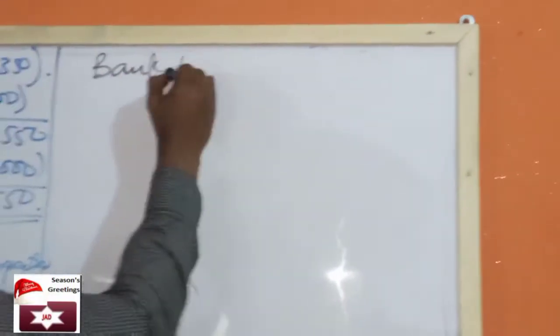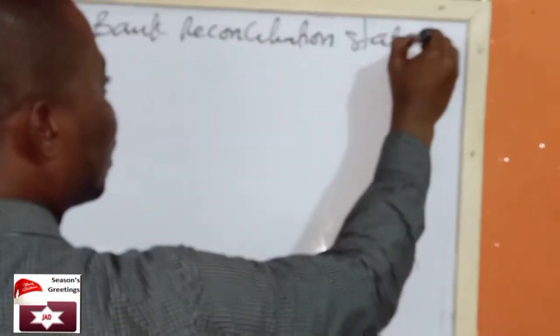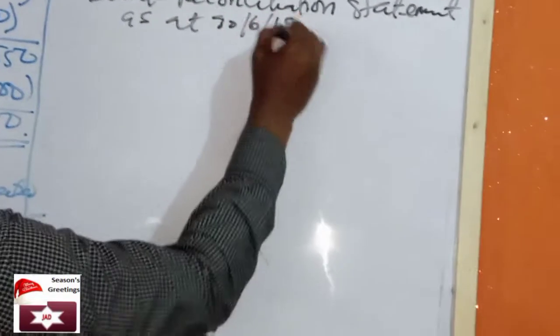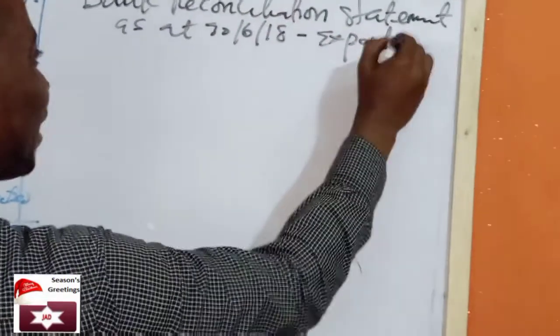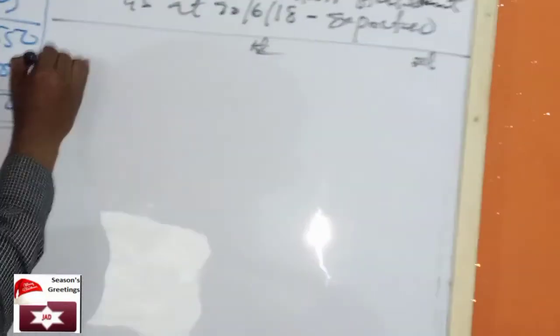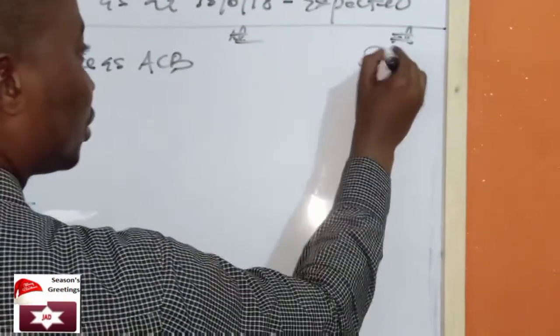So now let us prepare our bank reconciliation statement as at 30th June 2018, which is the expected. We now have balance as per adjusted cash book, which is now 5,200.